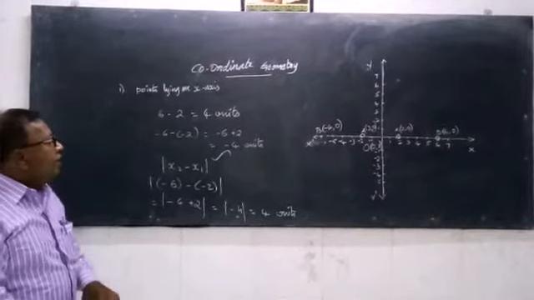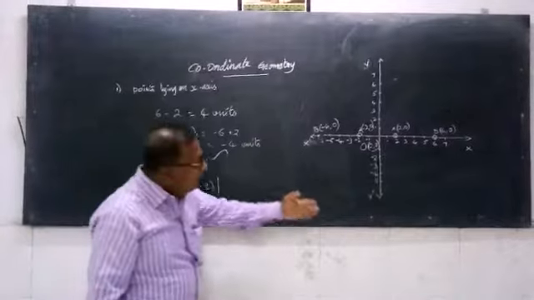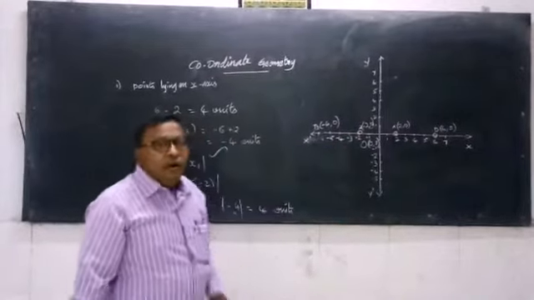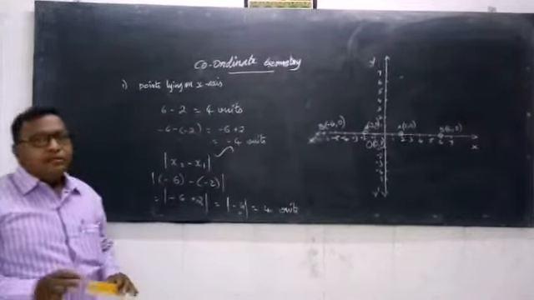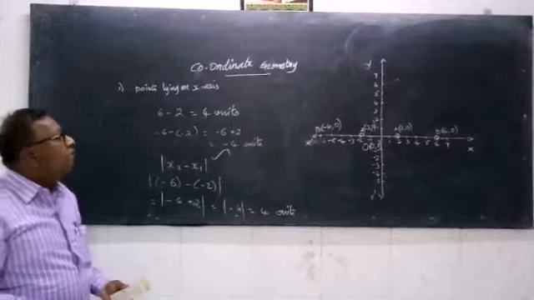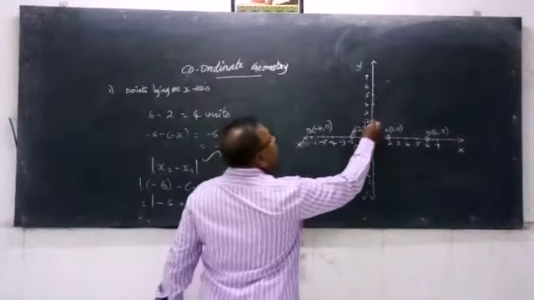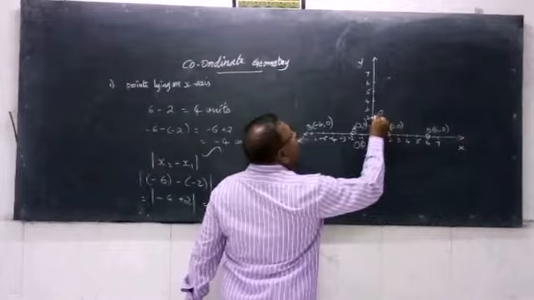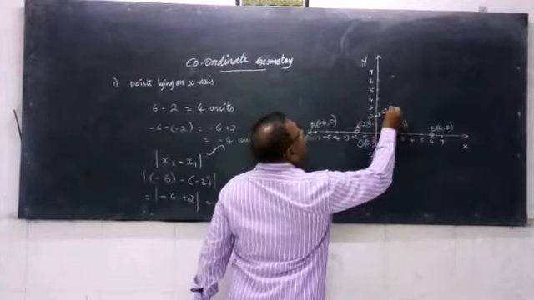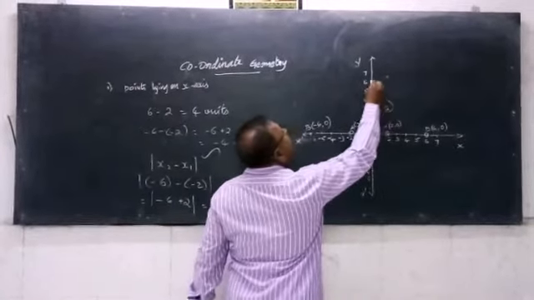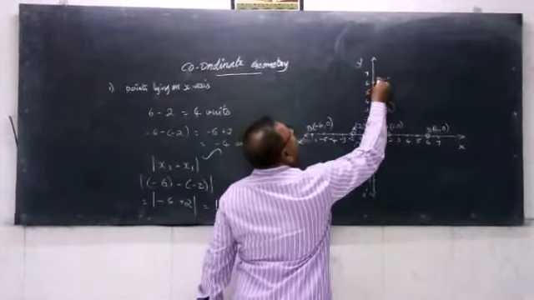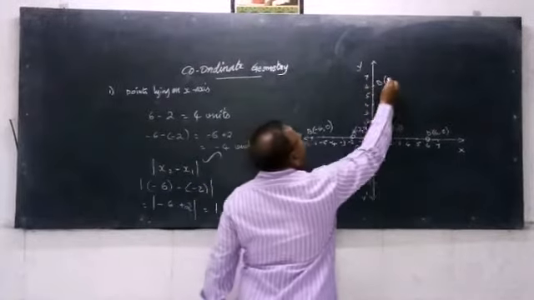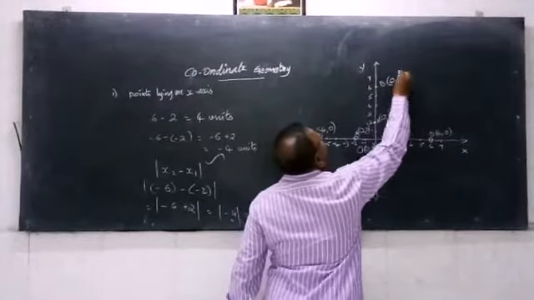Now again, let us imagine that the points are lying on y-axis. On y-axis, the x-coordinate will be 0. For example, you take this point. So here, x-coordinate is 0. So the point A is 0, 2. Again, if we choose this point as B, then here the coordinates of this point are 0, 6.